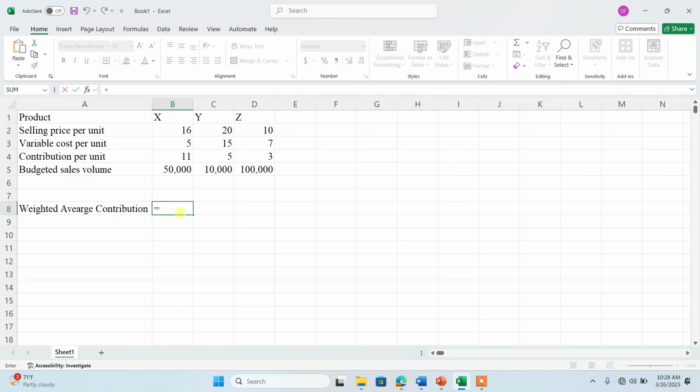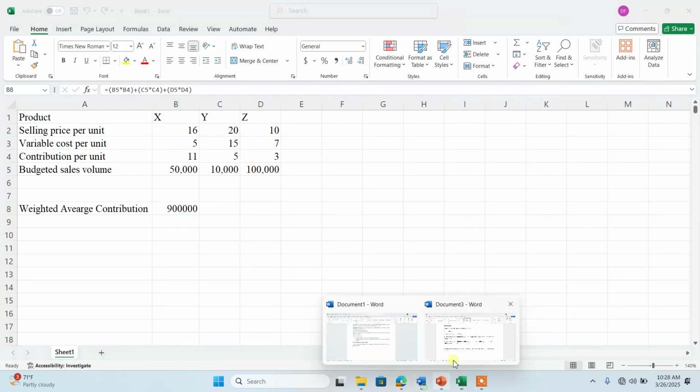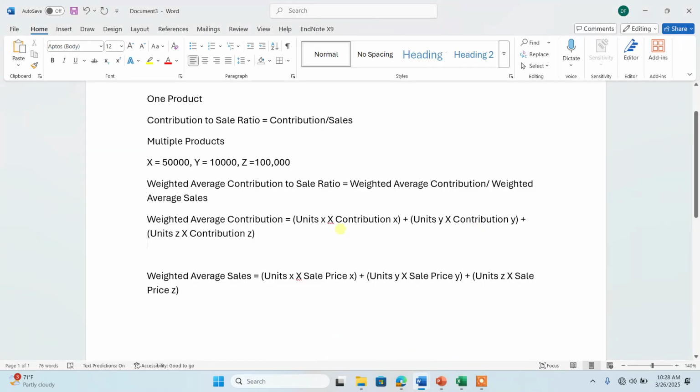As I mentioned, the number of units multiplied by the contribution per unit of X, plus the number of units of Y multiplied by its contribution, plus the number of units of Z multiplied by the contribution of Z. This way I get the weighted average contribution. You can see that if I put the values in this formula, the weighted average contribution is 900,000.